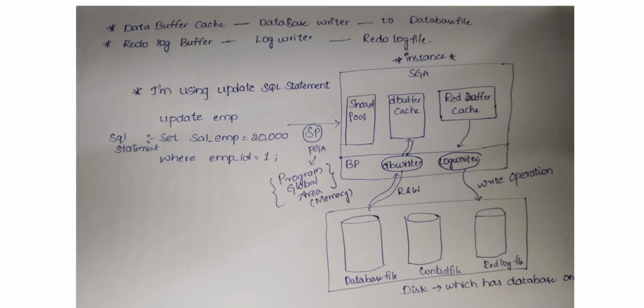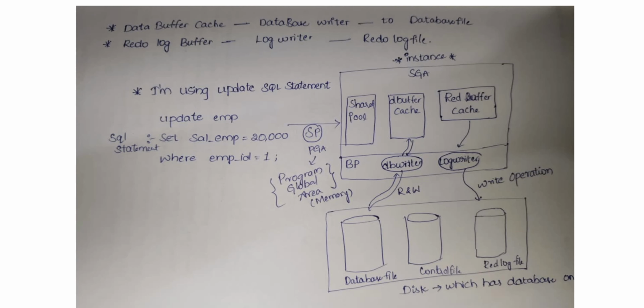These statements will help the data buffer cache, and also the redo log buffer, in order to write the data to the database files or redo log files through the database writer. So let's know what these transactional statements, rollback and commit, are.